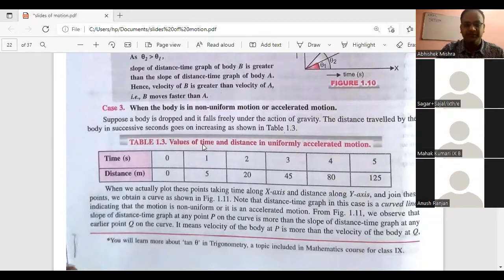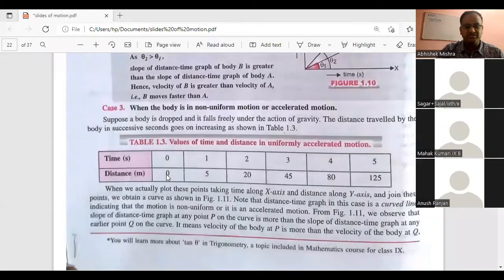Now from this table, first of all, you see there are two parameters, time and distance, and with the progress of time, you see time 0 second, 1 second, 2, 3, 4, 5.